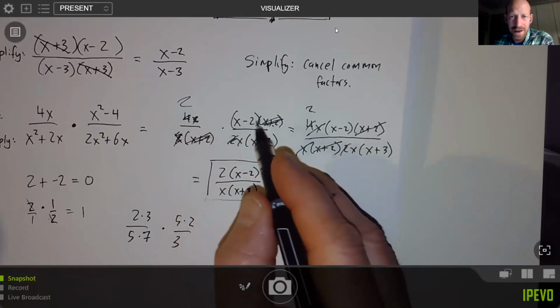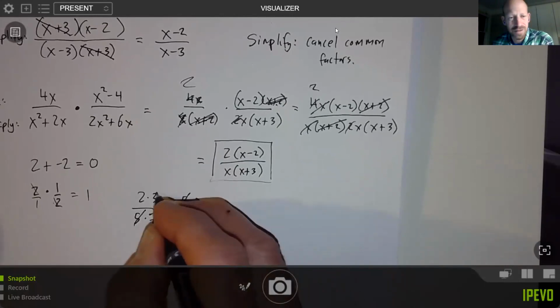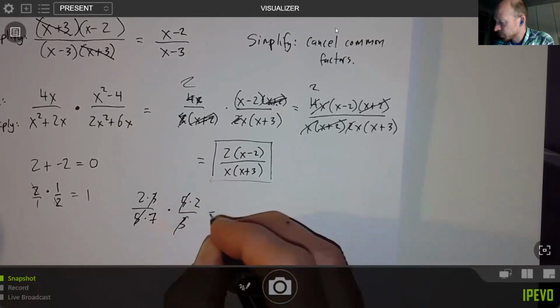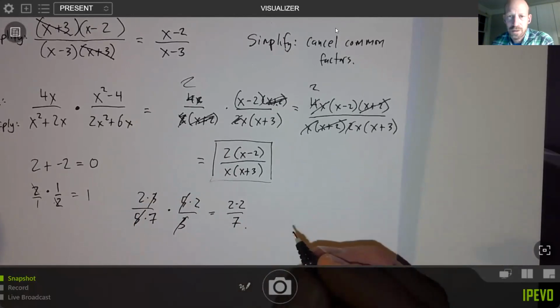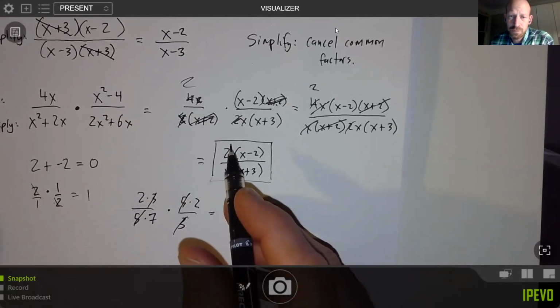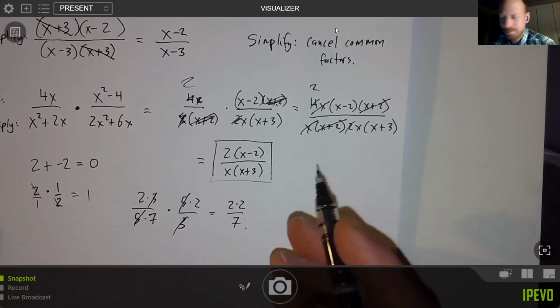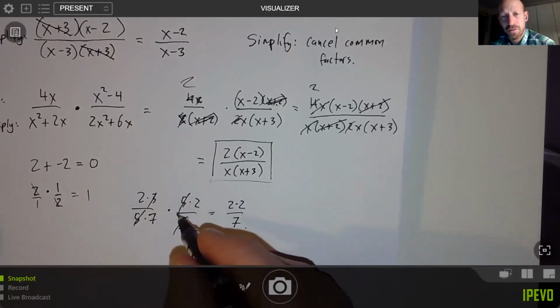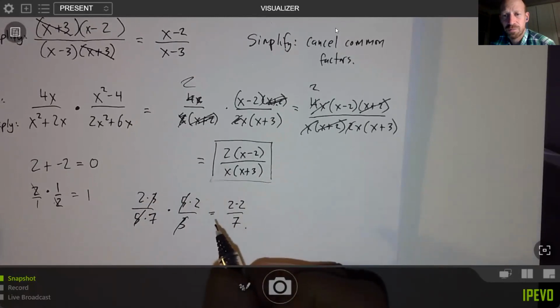These are all factors, and I get to cancel any factors that are the same between the top and the bottom. And then I just multiply straight across, 2 times 2 over 7. So if you can see it that way, then at least it feels hopefully like something you've done before. I think for many students, it feels different just because of all the x plus 3s and x minus 2s and things.